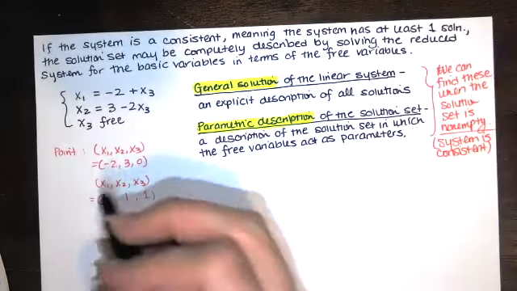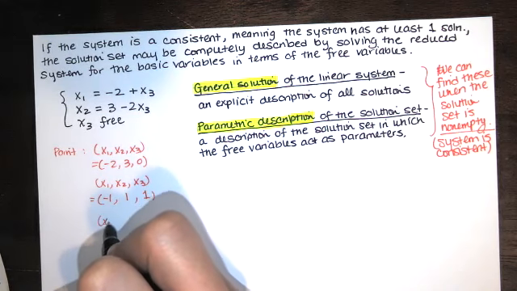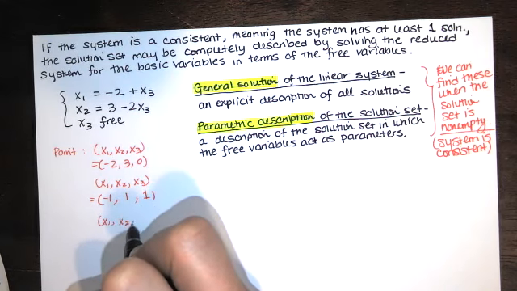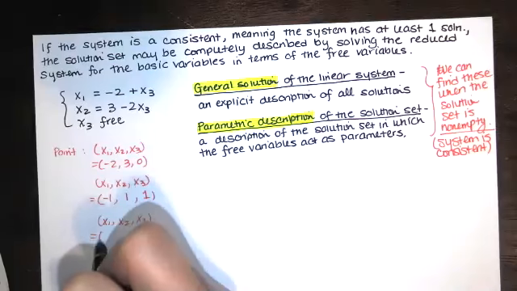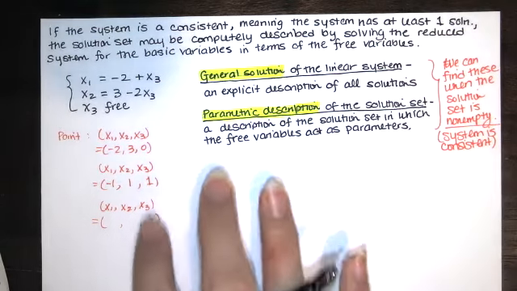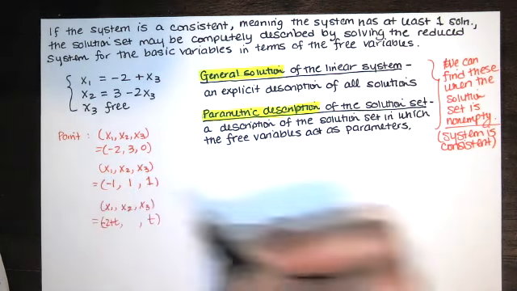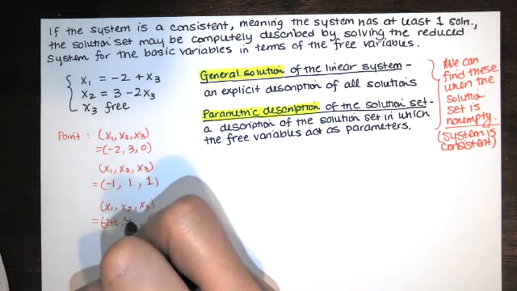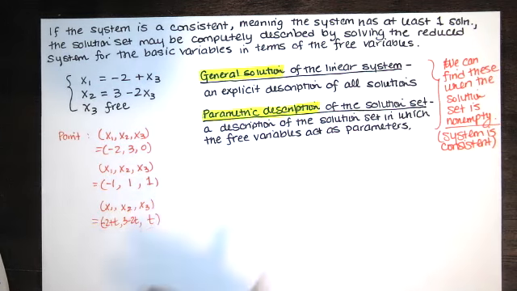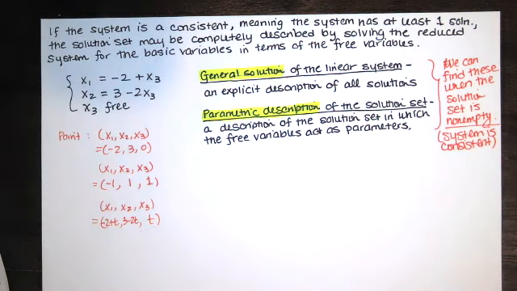So it just turns out that x sub 3 can be any value. Often when we're talking about parametric representations, we let that free variable be t. Then x sub 1 is just going to be -2 plus t, and x sub 2 is going to be 3 minus 2t. That's how we typically write it, but in this case, we're just leaving it in terms of the variable x sub 3.